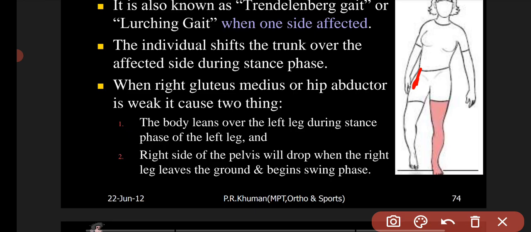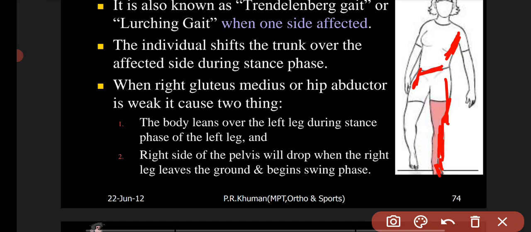During the stance phase of the left side, the supported limb, okay, this is the left limb which is supported, the upper trunk leans towards the left side, and the pelvis drops here.